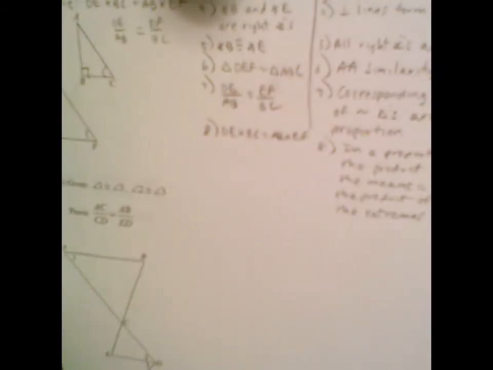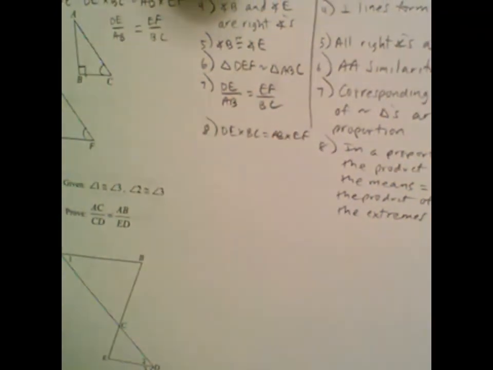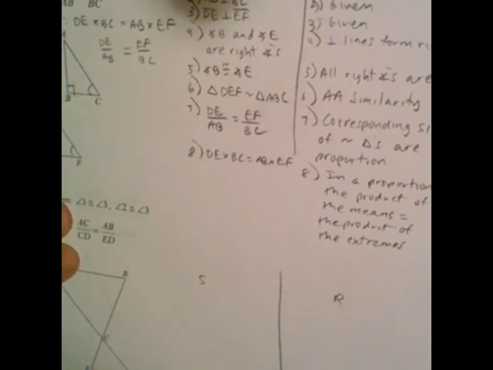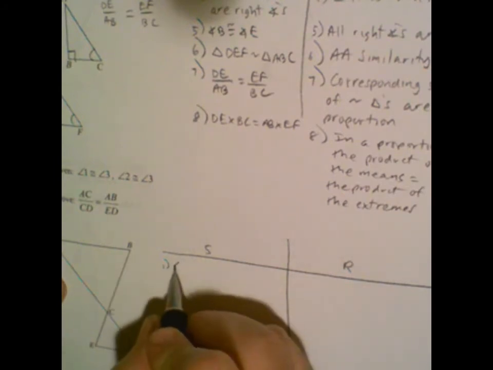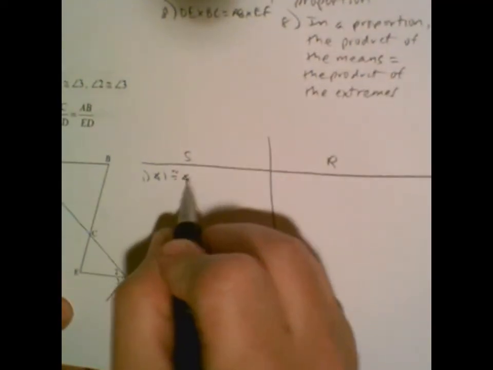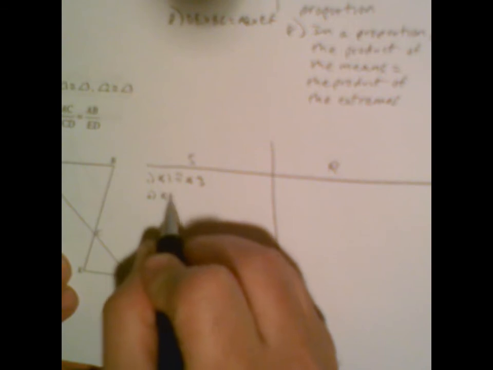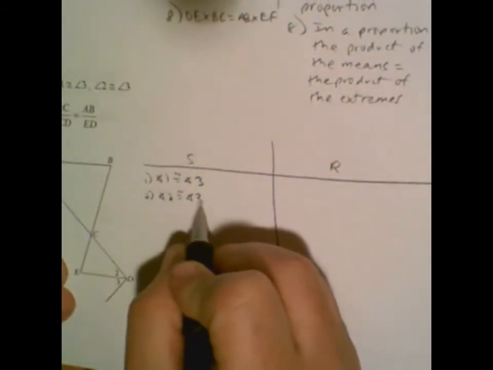Okay. I'm going to do one more, and then you're going to have to finish the rest. Number 5, but I'm adding on. We have angle 1 is congruent to angle 3. Angle 2 is congruent to angle 3.